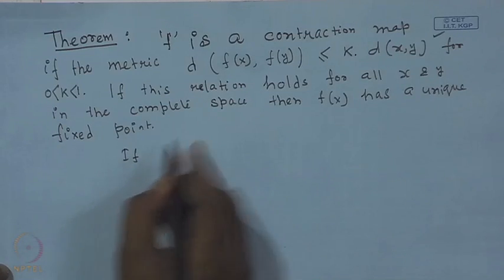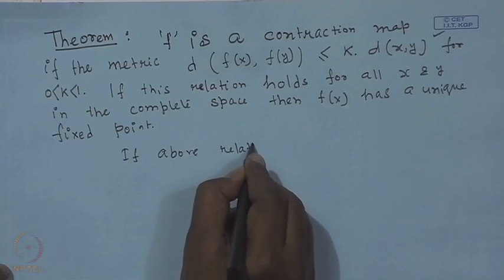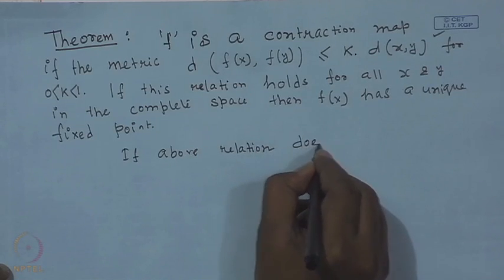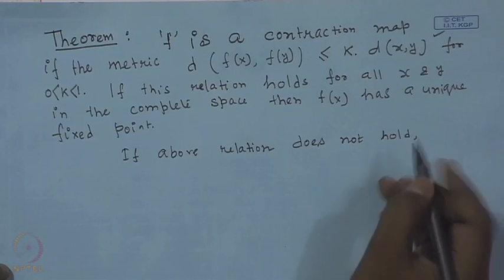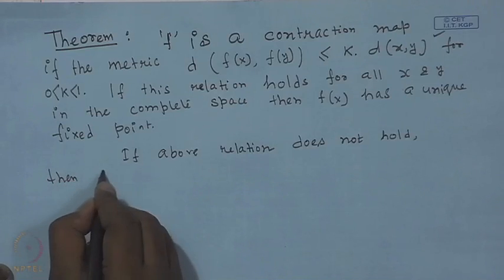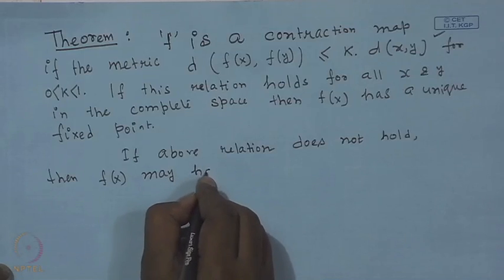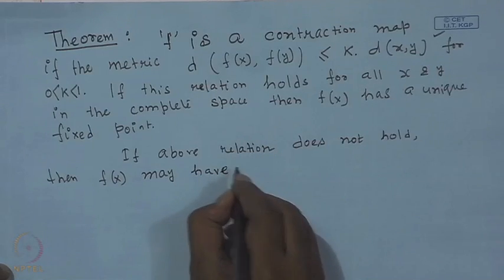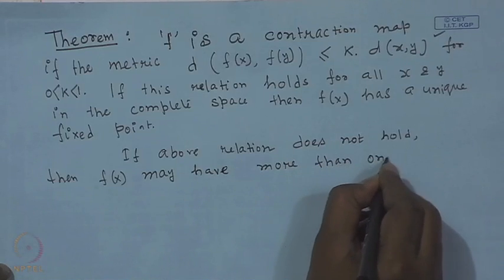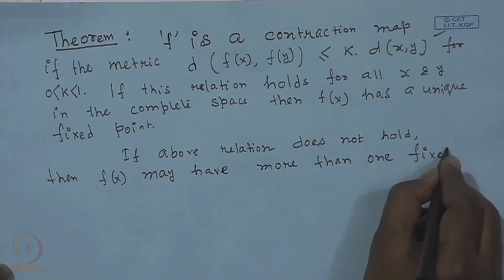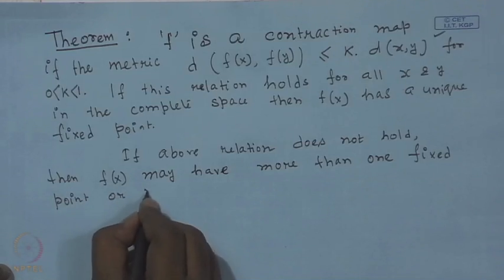If the above relation does not hold, then f x may have more than one fixed point, or none at all.